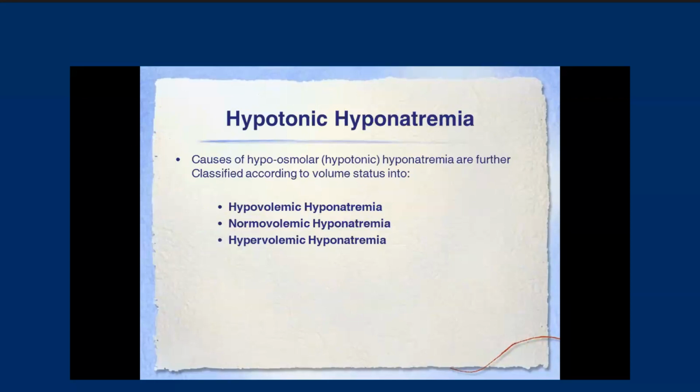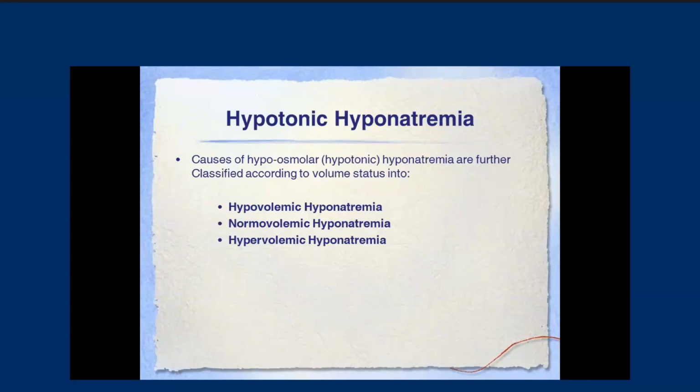As I have mentioned earlier, if there is true hyponatremia, then it will be accompanied by hypotonicity. A reduced sodium level will result in a reduction in tonicity too. Usually the osmolality is going to be less than 275 milliosmol per kg.